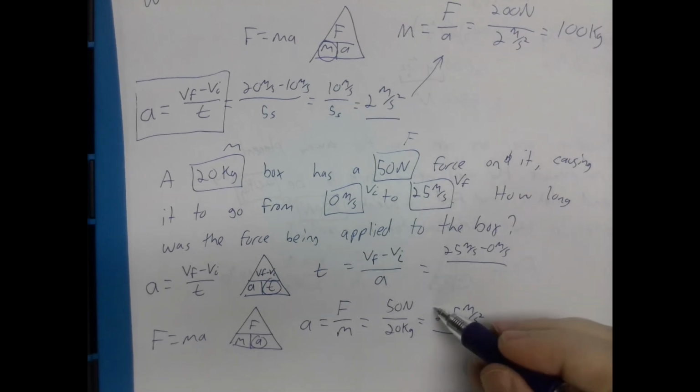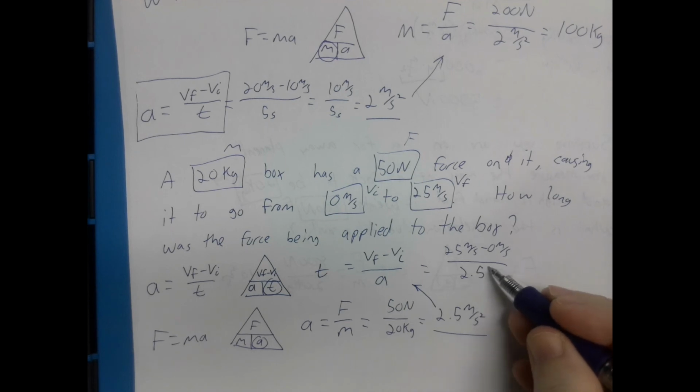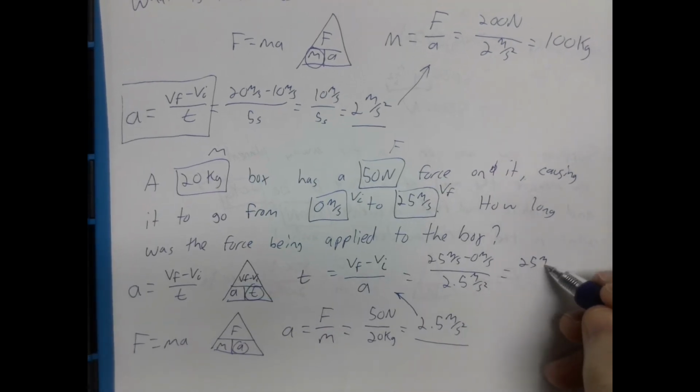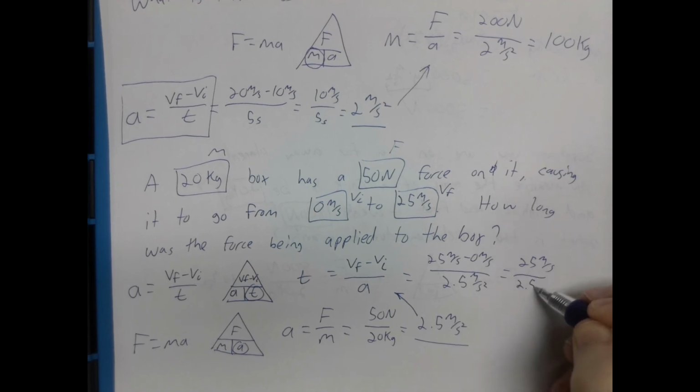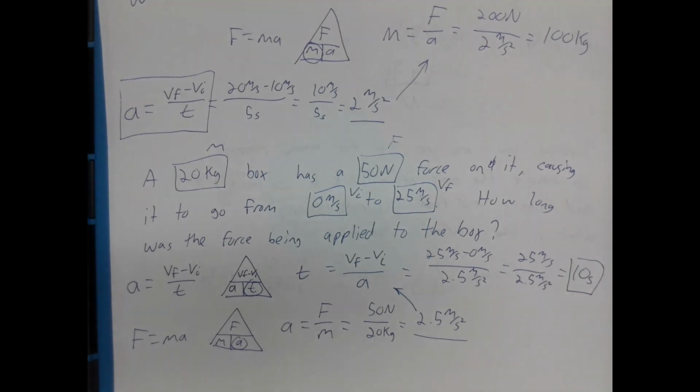This is our acceleration, so we can plug it into here. So that'd be 25 meters per second over 2.5 meters per second squared, or 10 seconds. So we were applying a force of 50 newtons on a 20 kilogram box for 10 seconds, and that caused it to go from 0 to 25 meters per second.